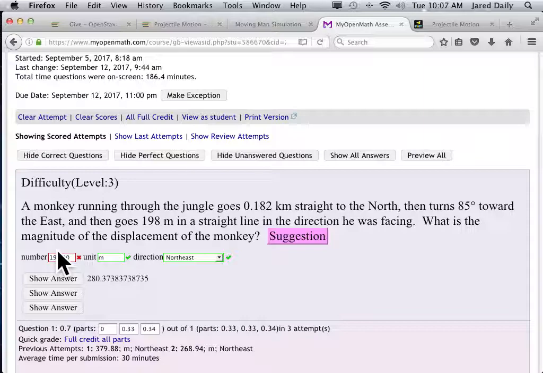So then you square that. 199. And then we add 199 squared. 39703. And take the square root. Here's the square root.